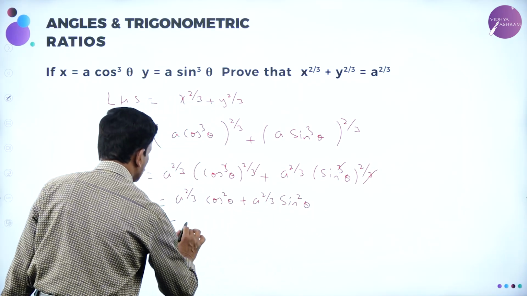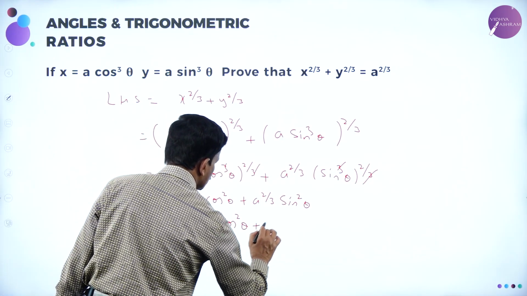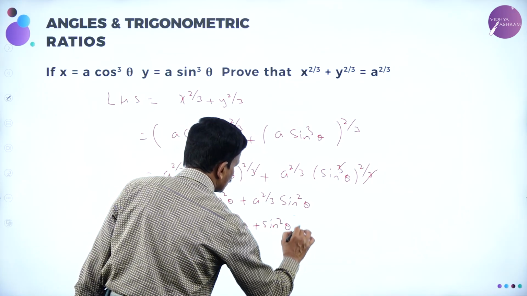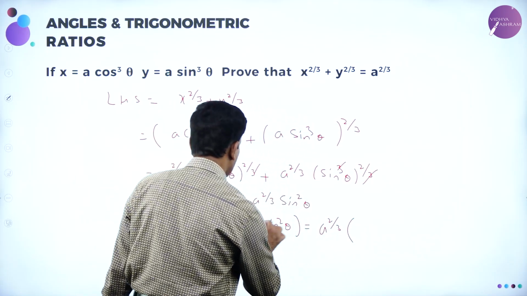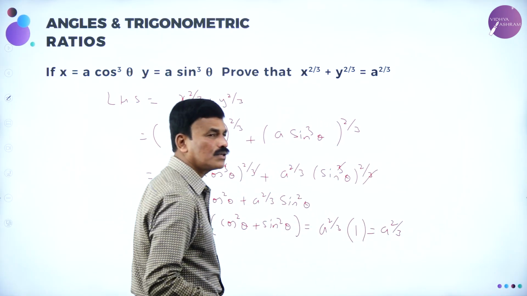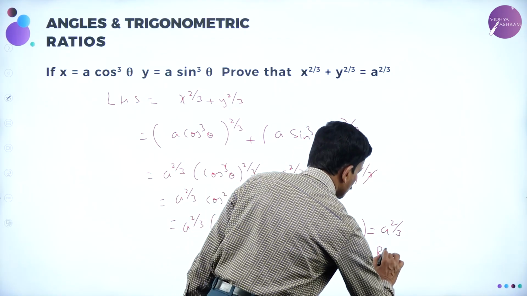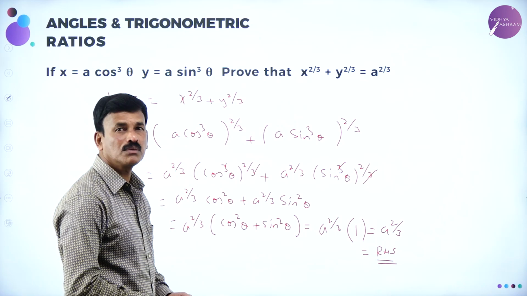You can take a to the power of 2 by 3 common factor. What is left over is cos square theta plus sin square theta. This is equal to a to the power of 2 by 3 into, cos square theta plus sin square theta is 1. 1 into a to the power of 2 by 3 is a to the power of 2 by 3, which is the required RHS. That's it. Very simple problems here.